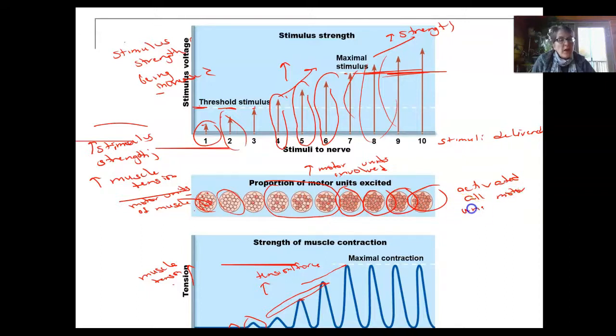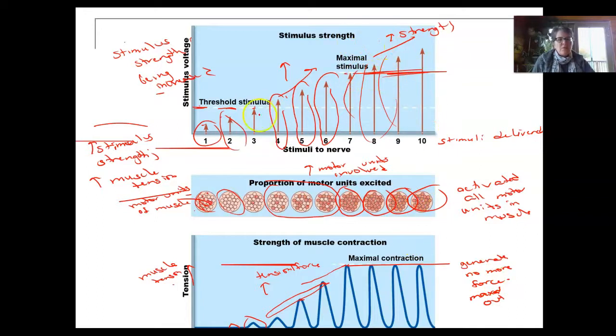There's no more to activate. Because there's no more to activate, I can generate no more force. I'm maxed out. Right? Your muscle can only do what your muscle can do.